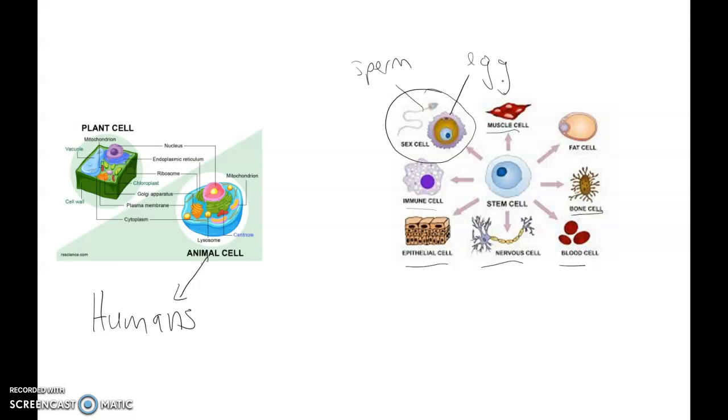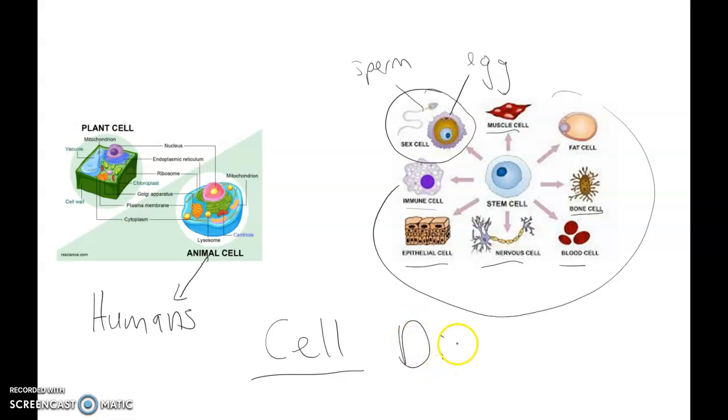So today we're going to be learning about the two types of cell division and how one of them produces sex cells and how the other type actually allows some of these cells over here to copy themselves.